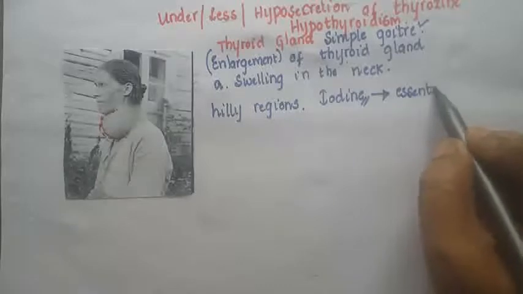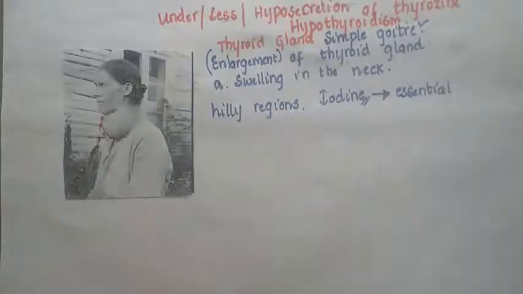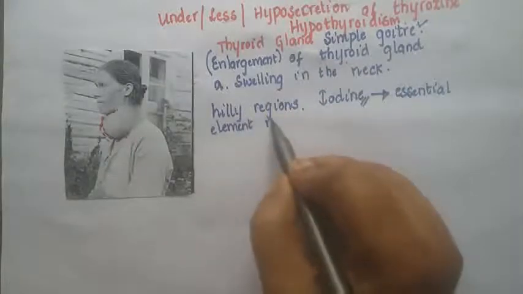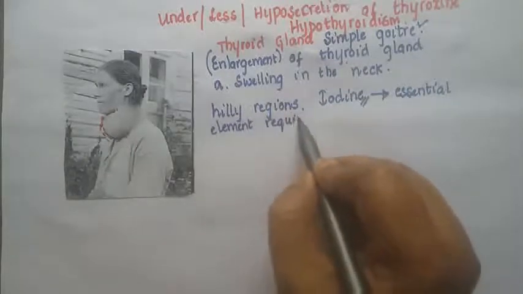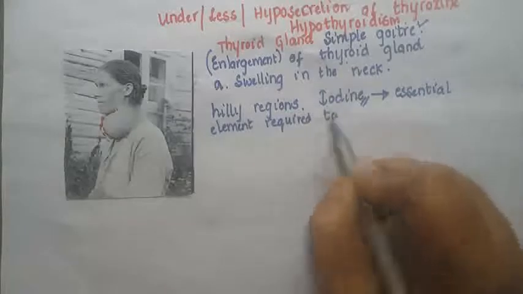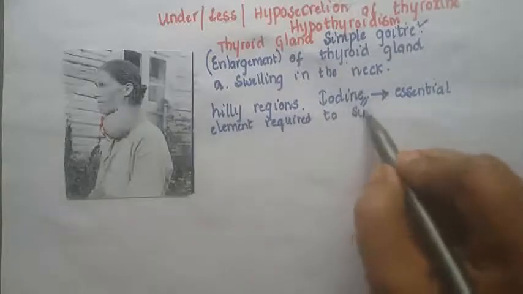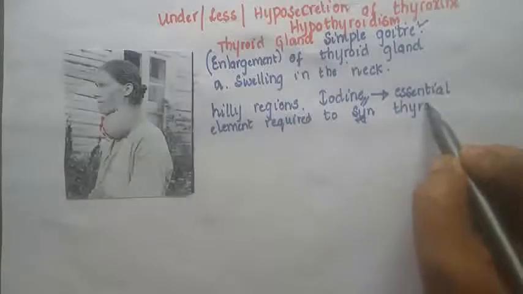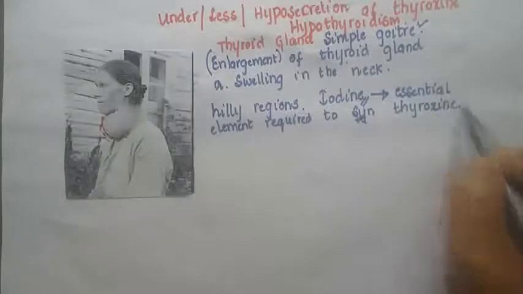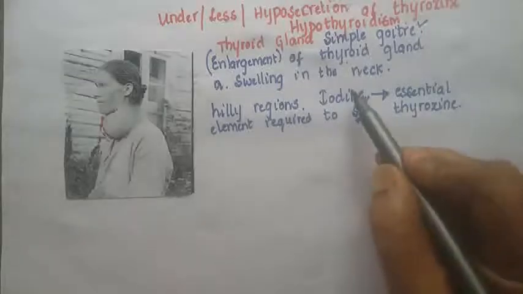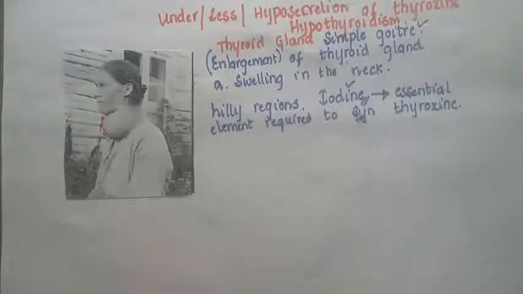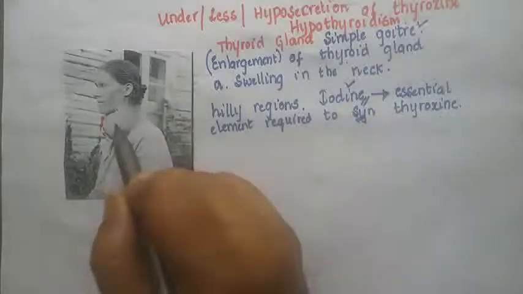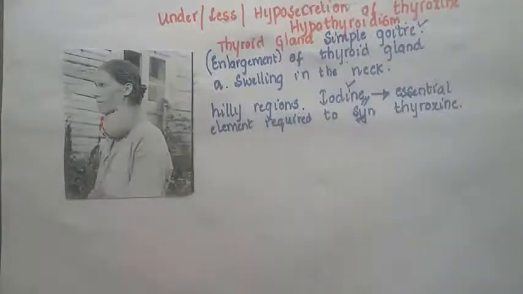It is an essential element required to synthesize the hormone thyroxine, or you can say that it is one of the components required for the synthesis of thyroxine in our thyroid gland.